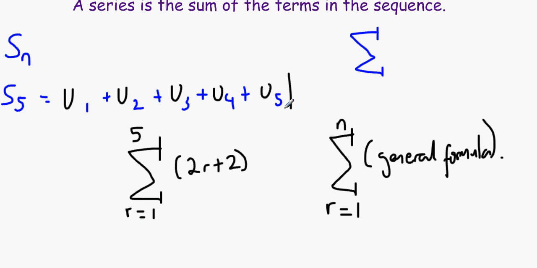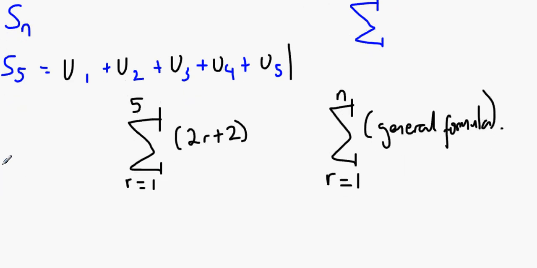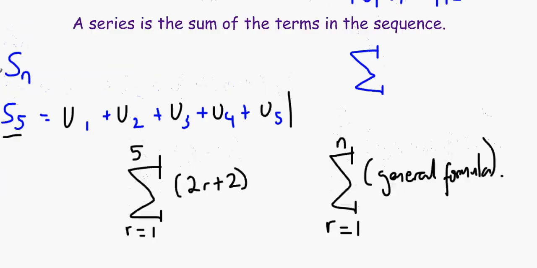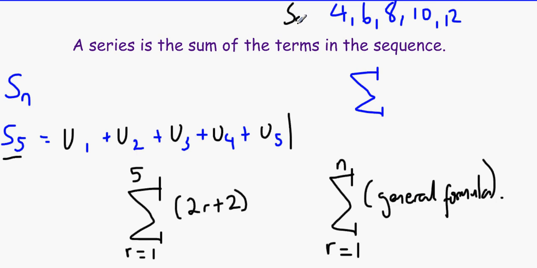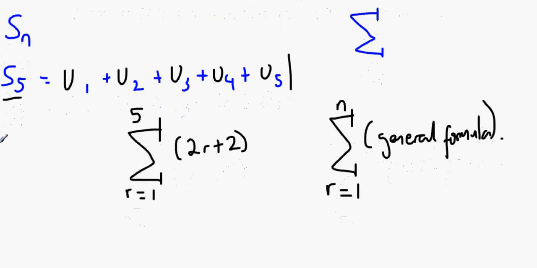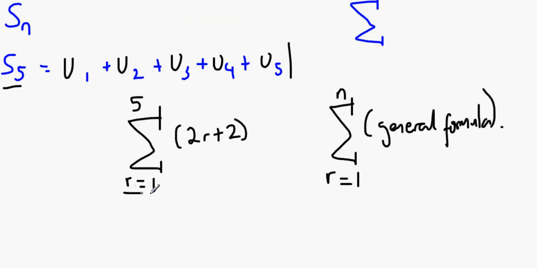So let's say I wanted to find the sum of the 5 terms in this sequence. I would find the sum from the first term to the 5th term, and substitute each and every term into r.